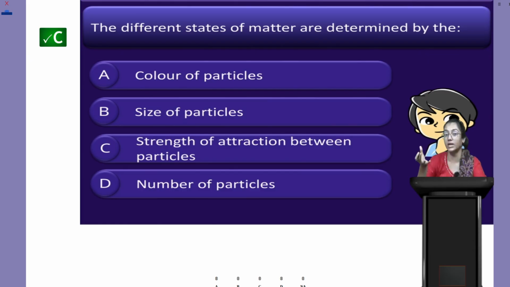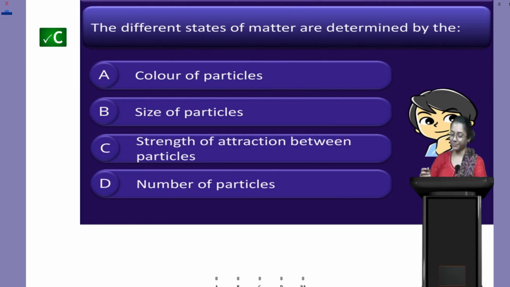In case of solid the attraction force is something, in liquid something else, and for gaseous something else. The main thing which determines it is the attraction force between them. So our correct answer will be option C, strength of attraction between particles.